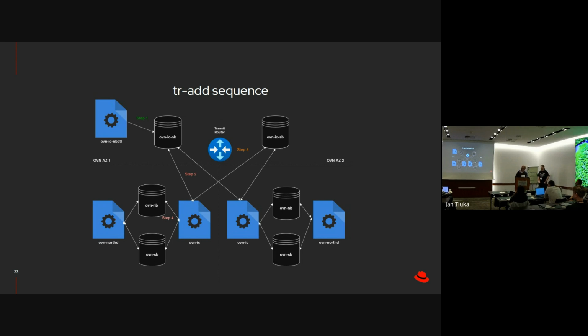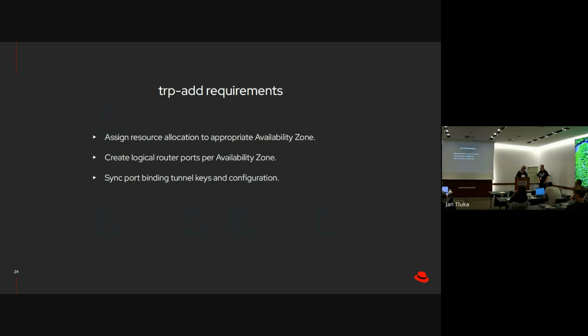Second, one of the OVN IC processes, it doesn't matter which one, takes that entry, walks through the list of available data path, transit router, and transit switch devices, and finds the next available tunnel key. Then we create an entry in the OVN IC interconnect southbound DB. Once we have that entry, the OVN IC processes in each availability zone create a northbound logical router, and set the requested tunnel key for that device to the tunnel key that we added.